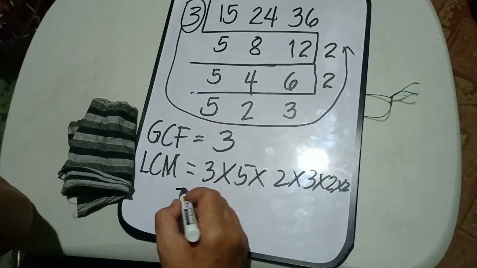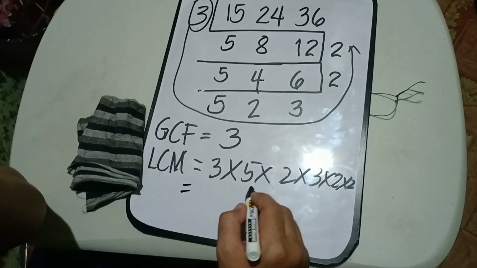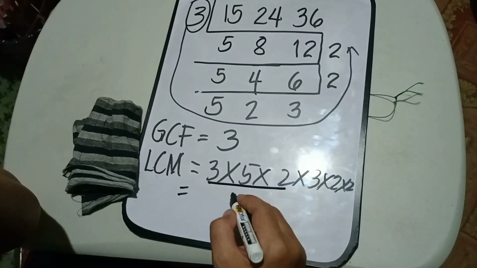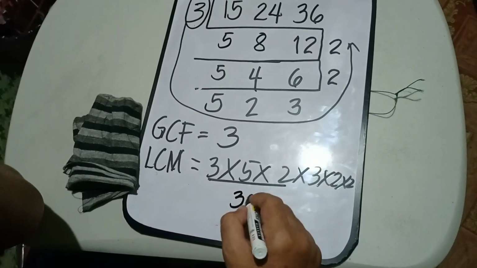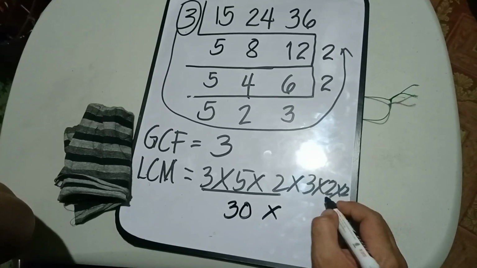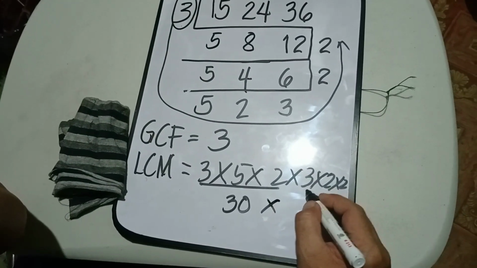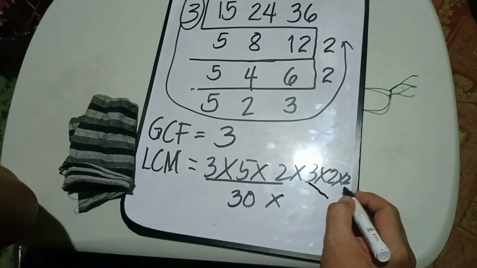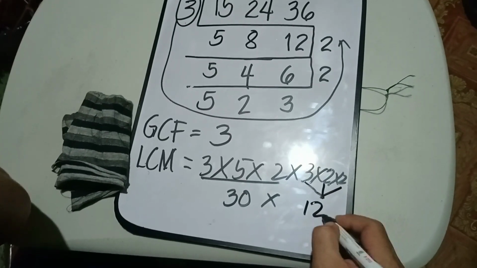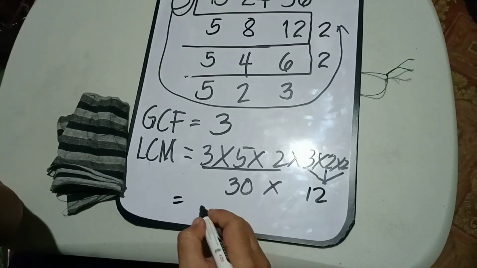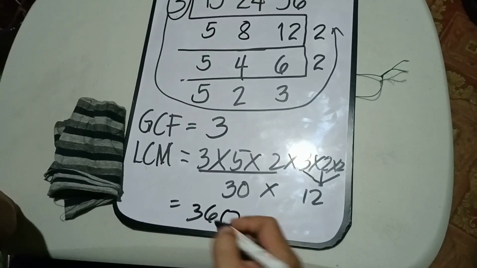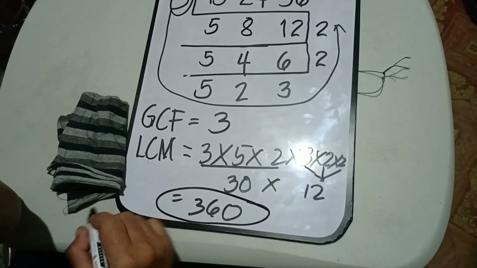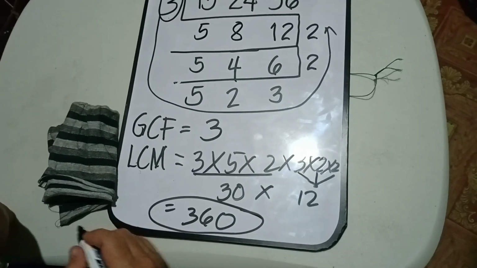Okay. 3 times 5 is 15 times 2. Okay. Ganito ang ginagawa dyan. Para mas madali. 30 times 3 times 2. 6. Tama? 6 times 2. 12. Okay. 30 times 12. The answer is 360. So, that will be our LCM. Okay?